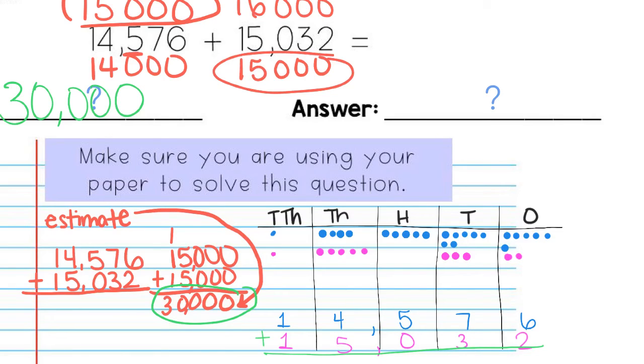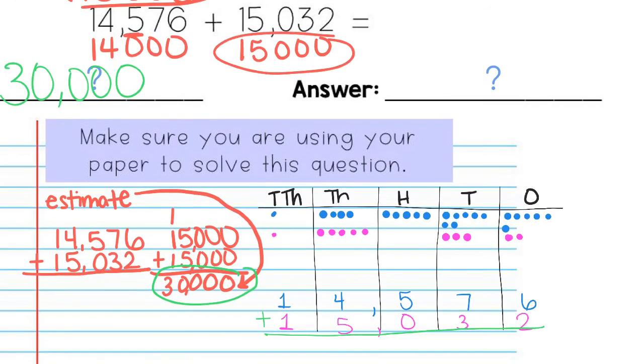So when we add, we always start in the ones place. Let's see, if we put together 6 plus 2, that gives us 8. And because 8 is less than 10, it stays. We don't need to regroup. Now we have 7 plus 3, or 70, 7 tens plus 3 tens is 7 tens, 8 tens, 9 tens, 10 tens, which is actually 100.